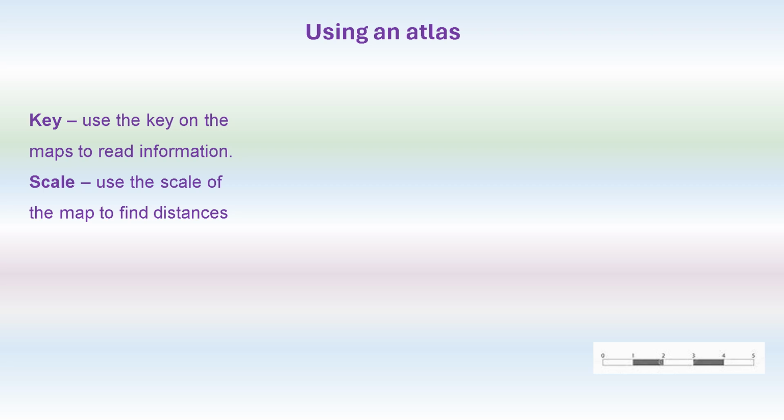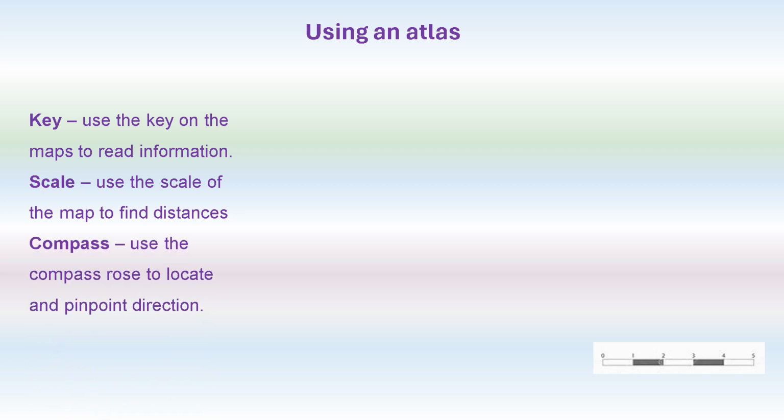It also tells you the proportion of the map to the ground. Like, for example, 1 centimeter on the map represents 100 kilometers on the ground. Then we have the compass. The compass basically locates information or pinpoints direction.